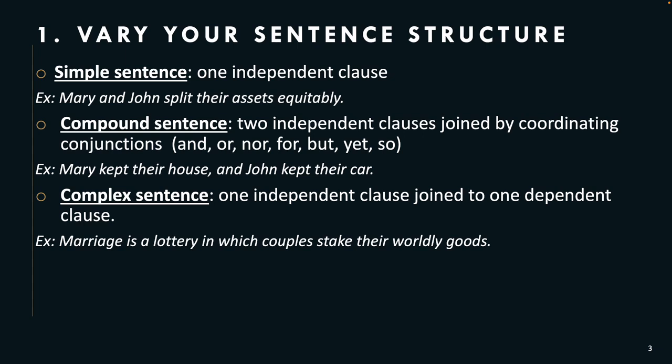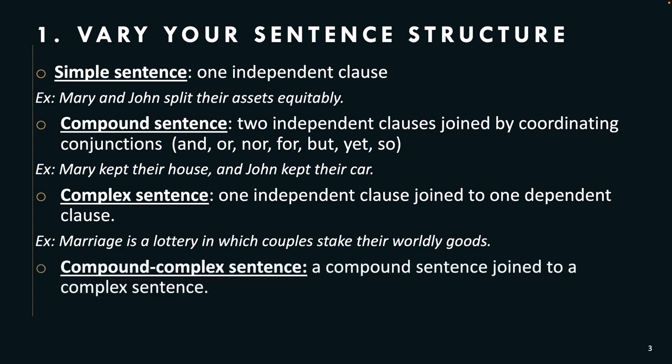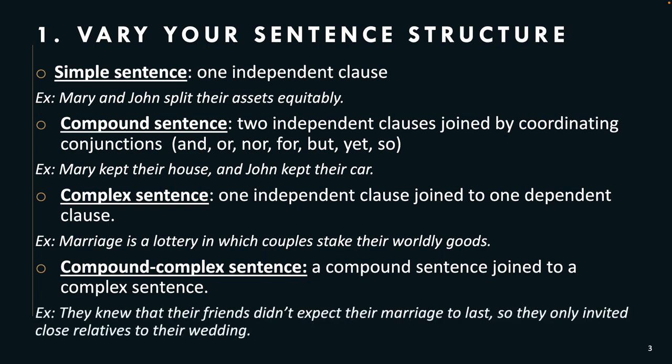The next type of sentence that we have in English is a compound complex sentence, which is a compound sentence joined to a complex sentence. Let's take a look at an example. They knew that their friends didn't expect their marriage to last, so they only invited close relatives to their wedding. As you can see from this example, we have so. So joins two sentences, right?